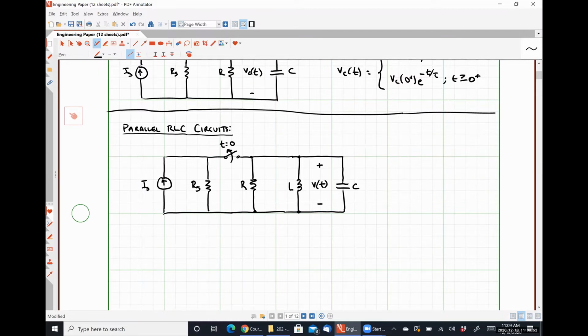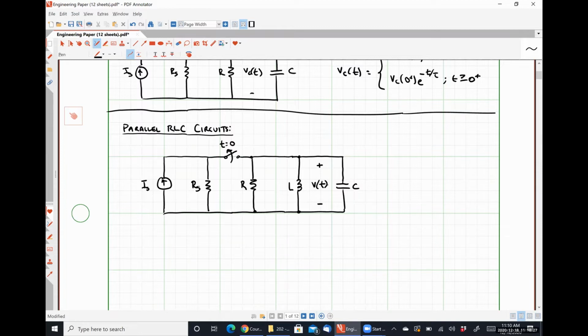Now this is the capacitor voltage, which means we know that it cannot change abruptly with time, but it also represents the inductor voltage and the resistor voltage, because the resistor, capacitor, and inductor, R, L, and C, are all directly connected in parallel. So this one voltage is characteristic of all 3 things, but we need to keep in mind specifically, it's a capacitor voltage, it cannot change abruptly, all right?